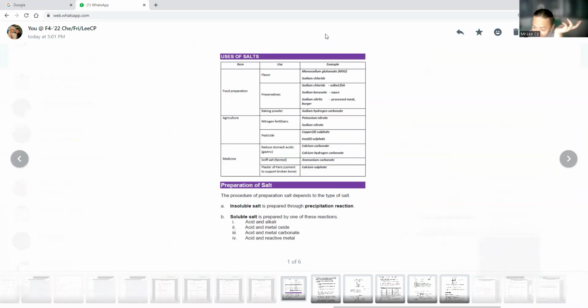Or you can have acid and oxide, acid and metal carbonate, acid and reactive metal. These are the few ways to prepare the salt, right? Is that okay? Now any question from here before I continue? So this one I haven't gone into detail for you, so we are going to see later.